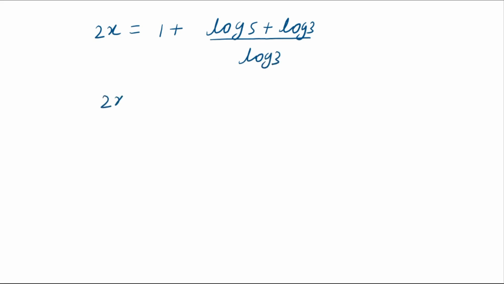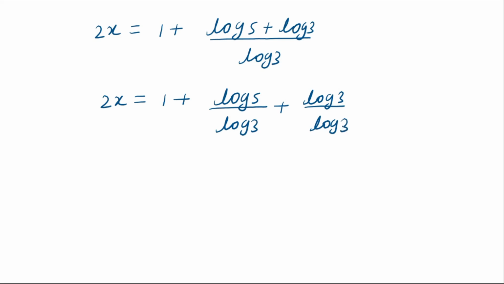On the left hand side 2x is equal to 1 plus, and this expression is the same as log 5 divided by log 3 plus log 3 divided by log 3. Then this log 3 and this log 3 cancel out. Here 1 and 1 plus 1 is 2. Then on the left hand side 2x is equal to 2 plus log 5 divided by log 3.